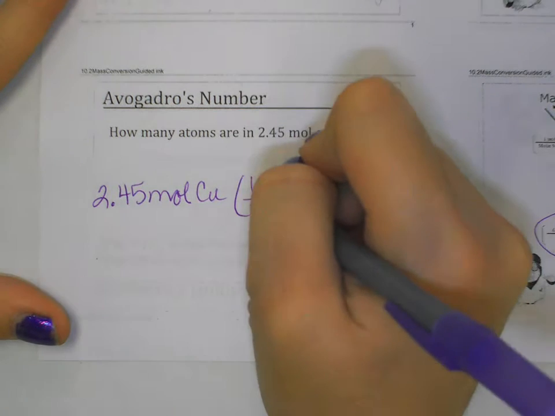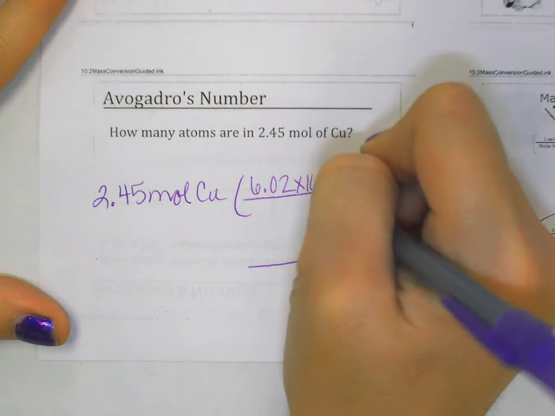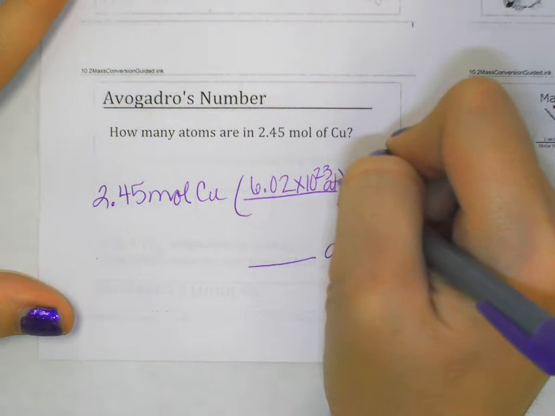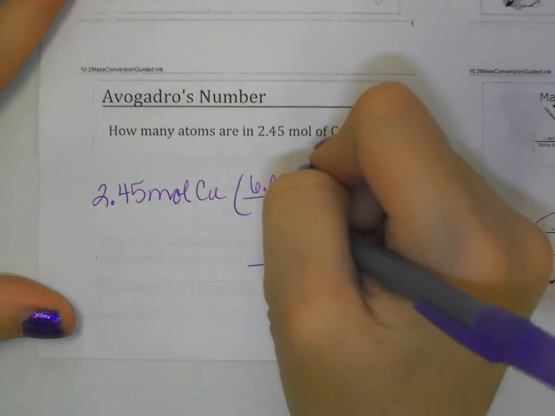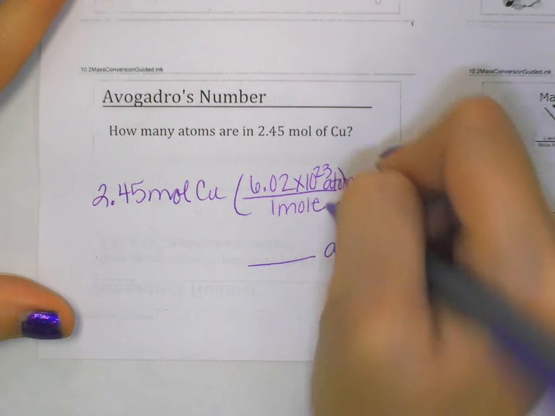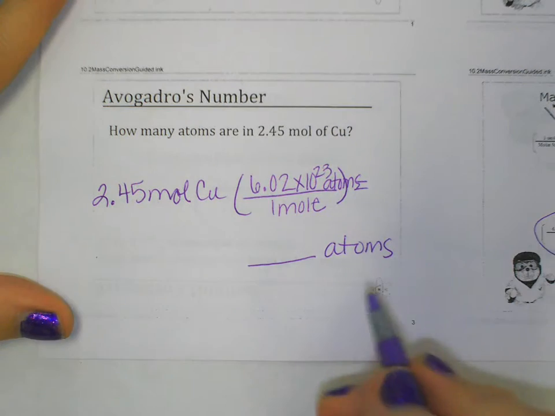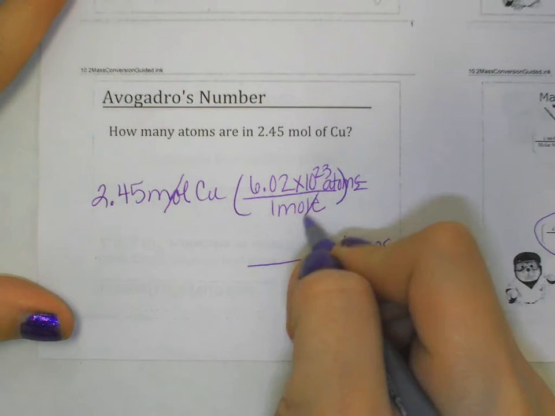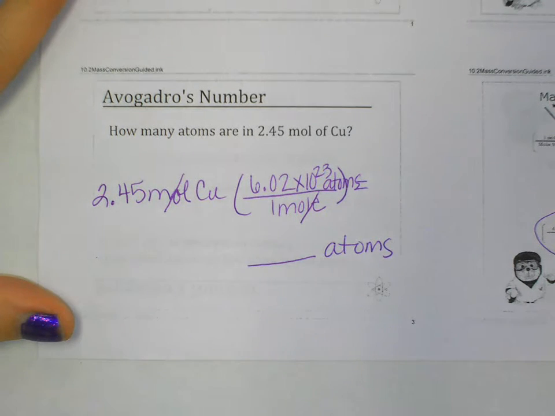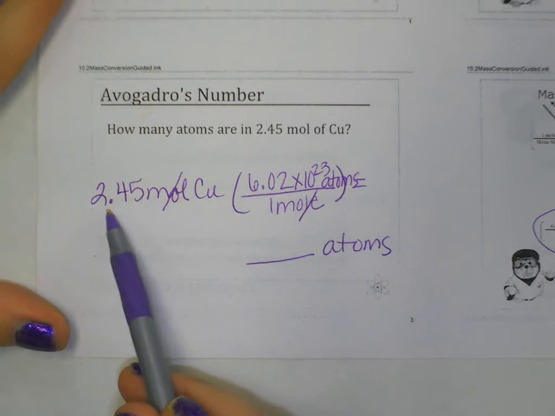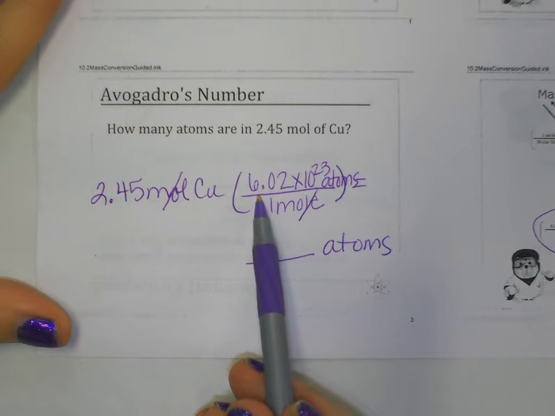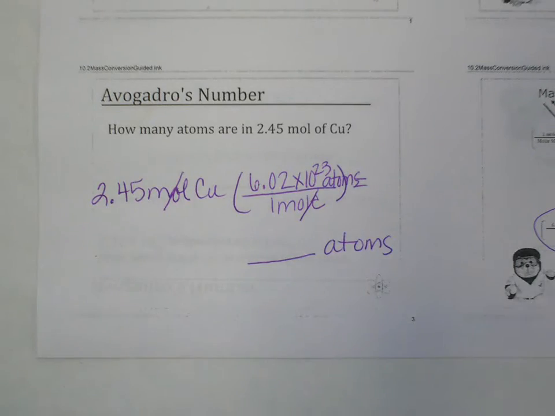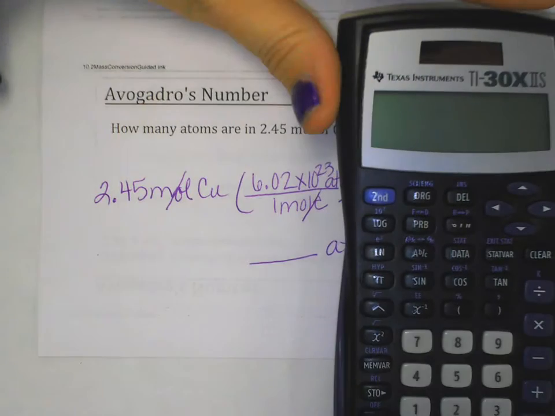You can see why it works, because after I write it in there, I will have 6.02 times 10 to the 23rd atoms over 1 mole of copper. Mole will cancel out on both of those, and I'll be left with whatever 2.45 times 6.02 times 10 to the 23rd is. So I'm going to multiply that out on my calculator.